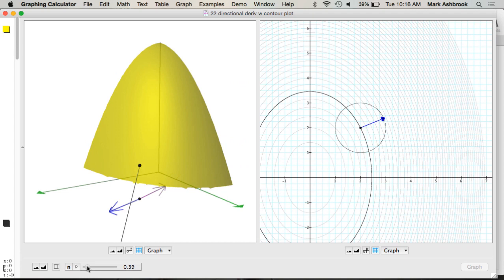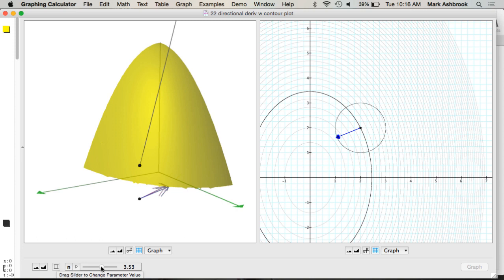The direction there, that vector back there, is the vector -2, -1. And if I line it up, I get the direction of max rate of change up towards the vertex of the peak, right?